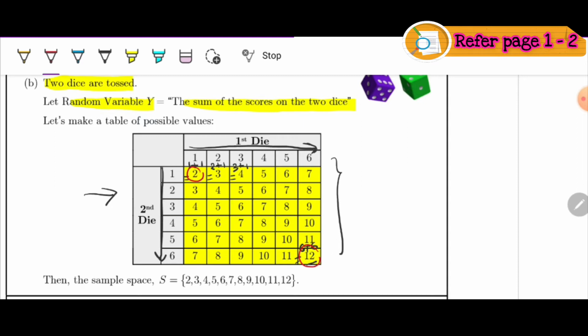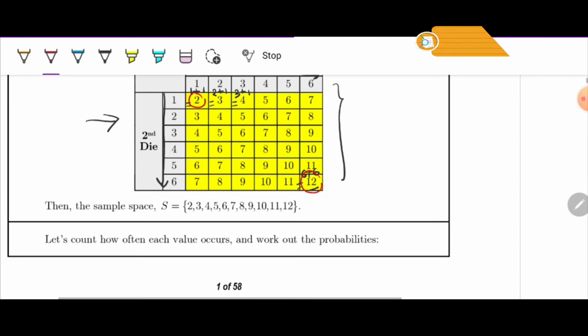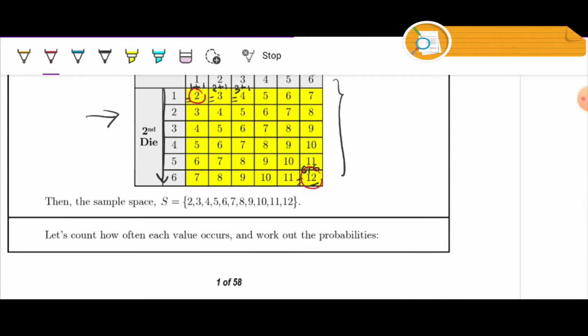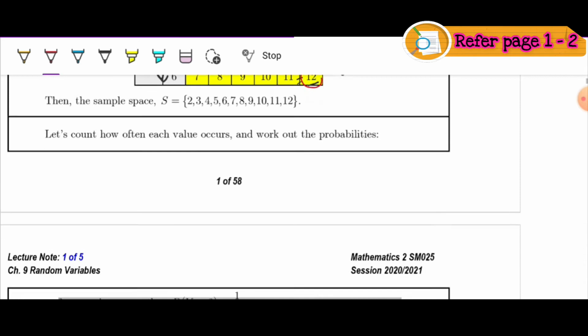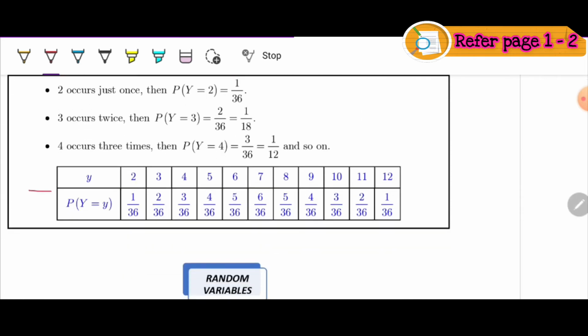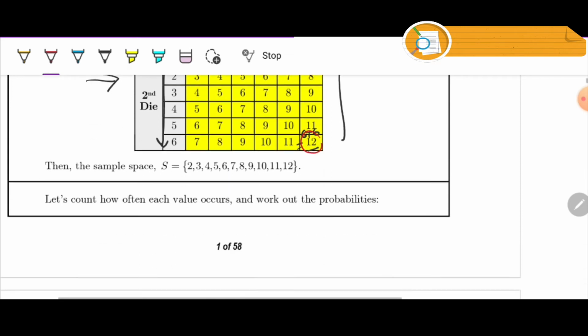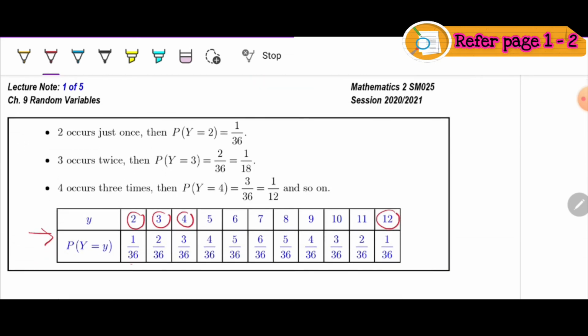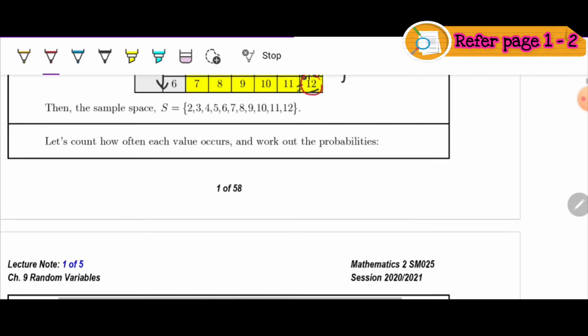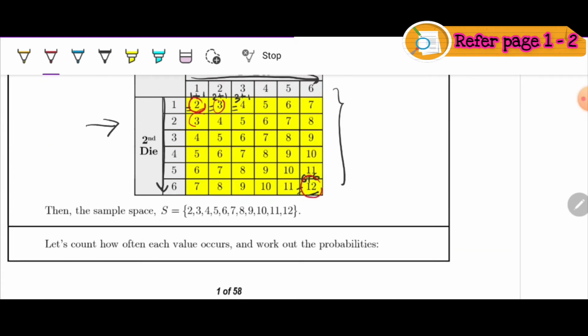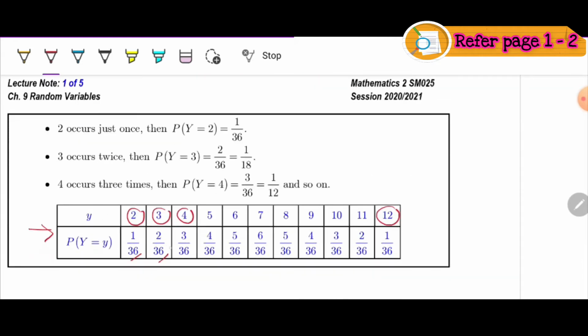So, you can construct a table to represent the random variable Y, referring to the sum of the scores. So we start from 2, 3, 4 until the maximum score, which is 12. And the probability of getting 2 is 1/36. And the probability of getting 3 is 2/36.